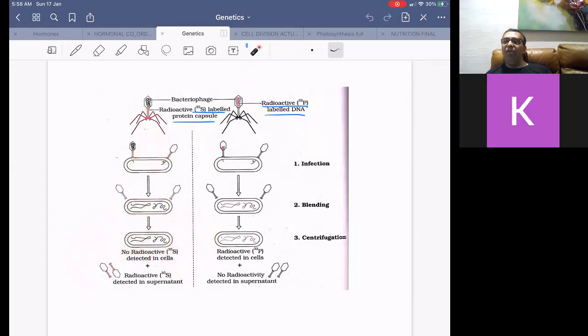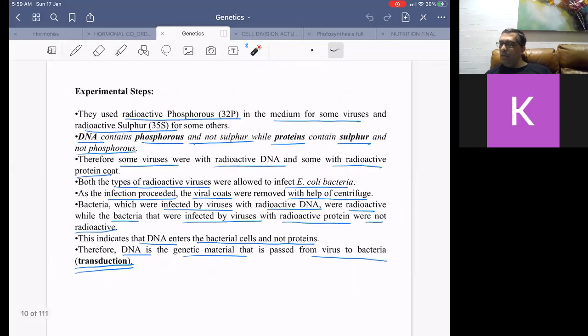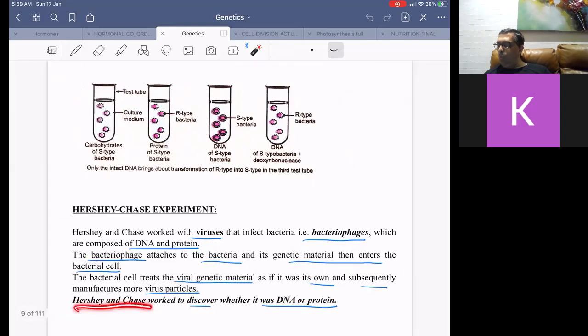So that is the way a bacteriophage, a virus, uses a bacteria as a host cell to produce daughter bacteriophages, which are then liberated. So this is something that Hershey and Chase knew.